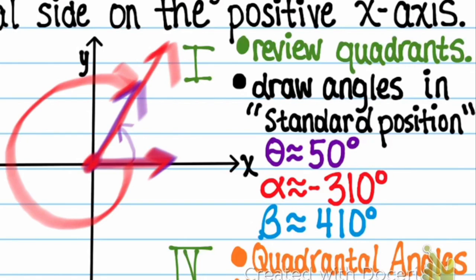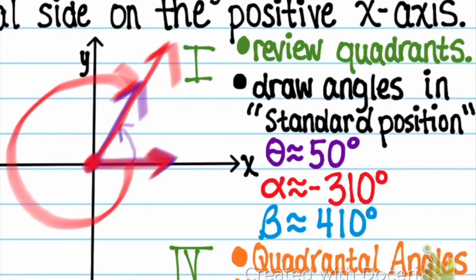Now we're going to draw in angle beta in standard position. Angle beta is approximately positive 410 degrees. Angle beta needs to sweep out in what direction? Clockwise or counterclockwise? Beta is going to be drawn in a counterclockwise rotation because it's a positive angle.